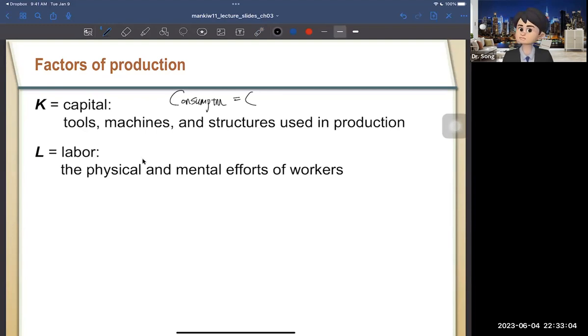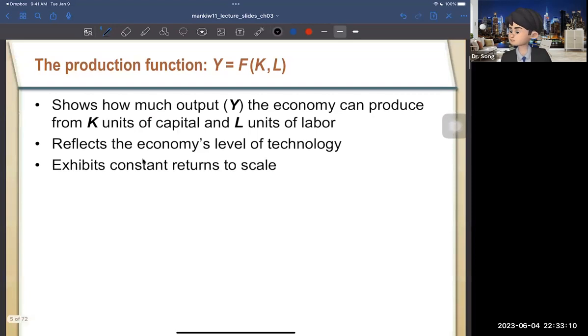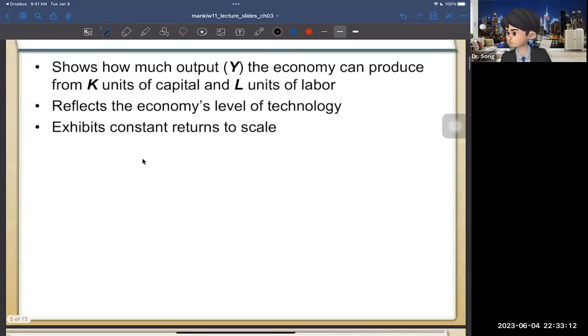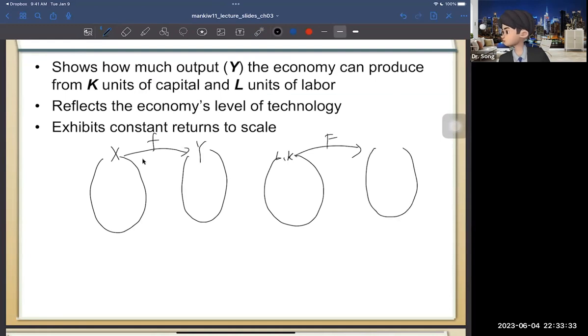Now we have a production function, Y equals F of K and L. To remind you, this is algebra. You have the x variable, and then you have the mapping from x to y, that's the function f, right? So they're basically the same thing. You have the inputs of labor and capital, and then we can find the mapping from the resources to the output, okay?